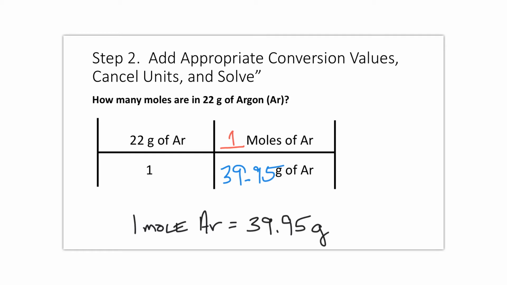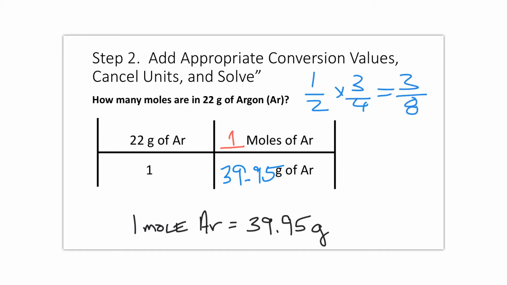We're going to multiply everything on the top, 22 times 1, divided by 1 times 39.95. Now remember, it's like multiplying two different fractions together. If you were to multiply 1/2 times 3/4, that would equal 3/8.